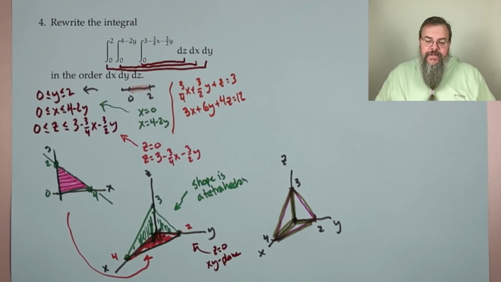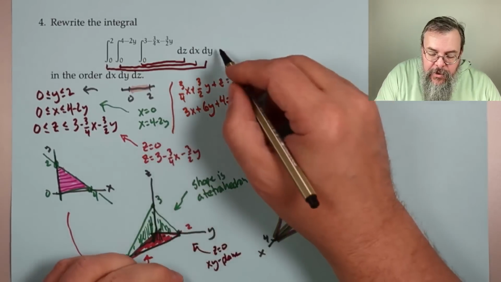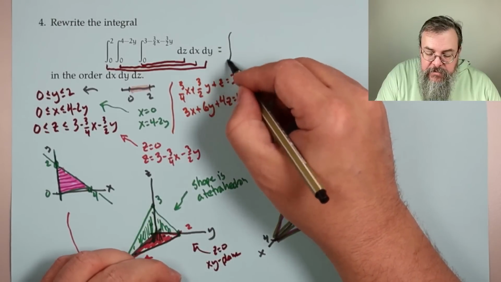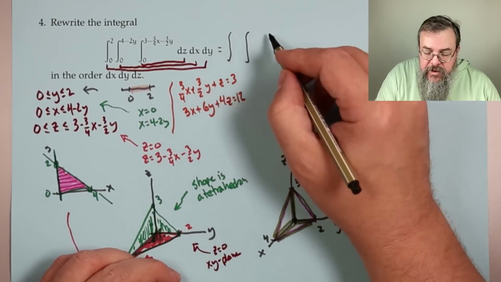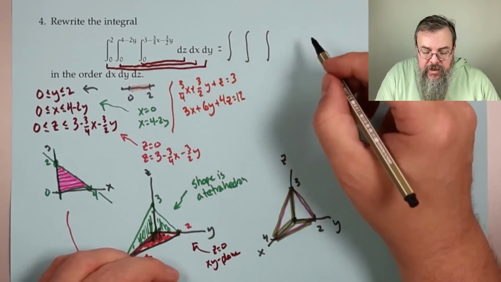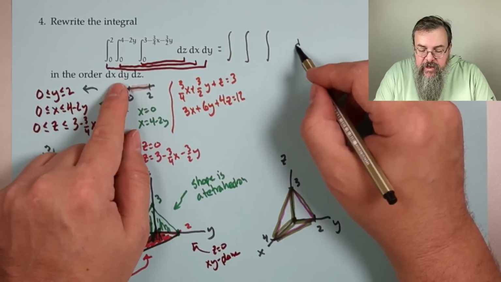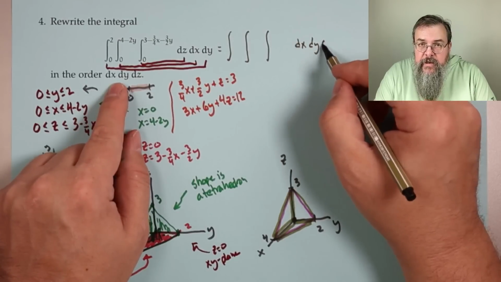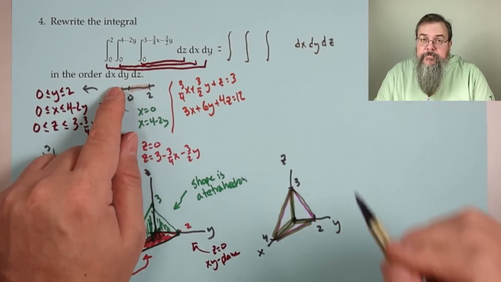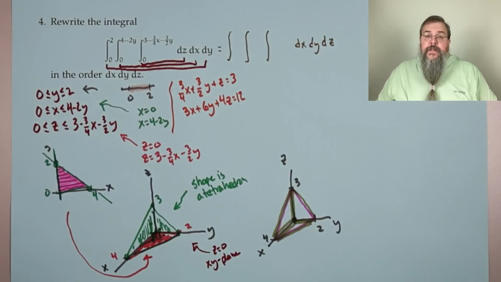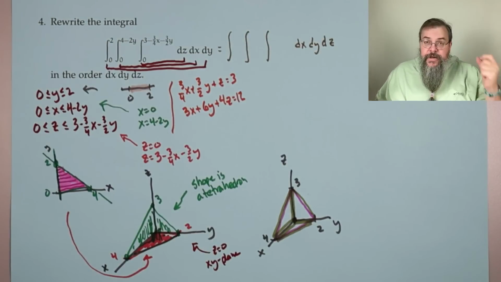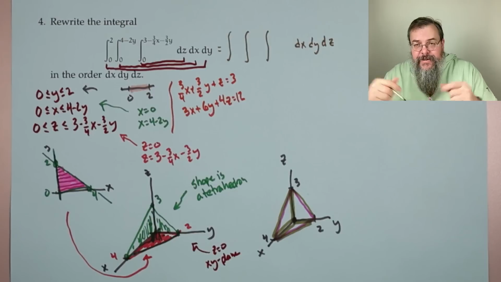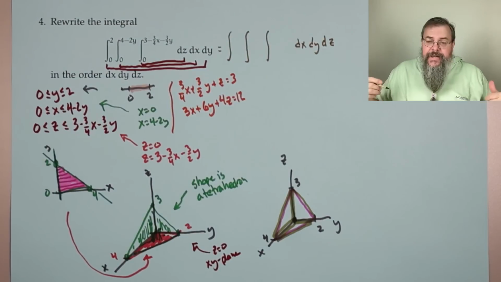Okay, so let's think about what's going on. We're going to do an integral, integral, integral, and the order is dx, dy, dz. All right, so let's think about it. You can go inside out, sorry, outside in, inside out.